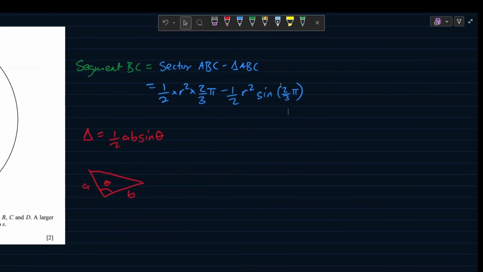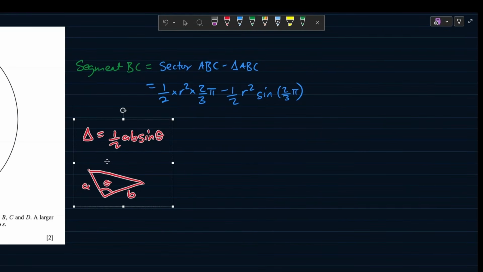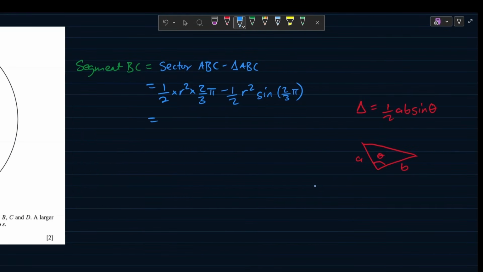Okay. And then let's simplify this. Let's just move this to the side. So this is half times 2/3. The 2's cancel out, so you end up with 1/3 pi r squared minus, we've got here a half r squared. What's sine 2/3 pi? Sine 2/3 pi is root 3 over 2.